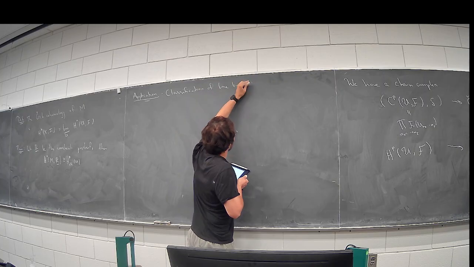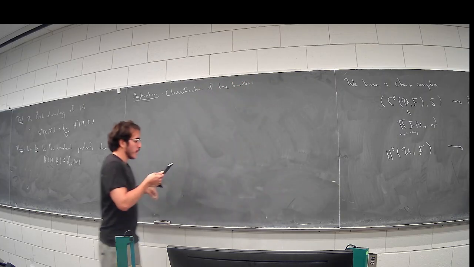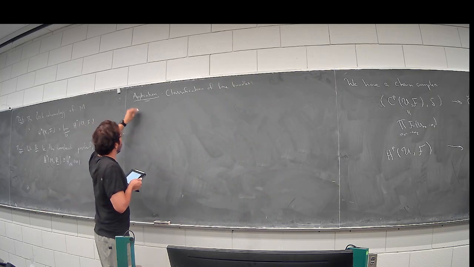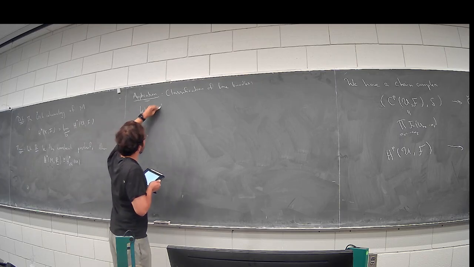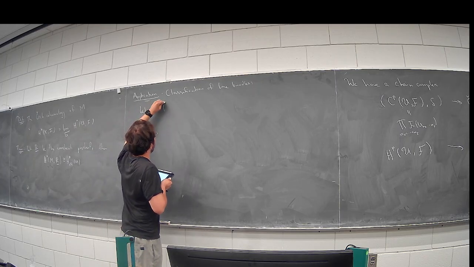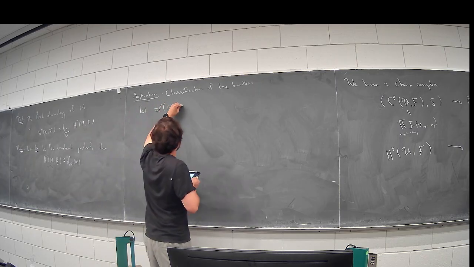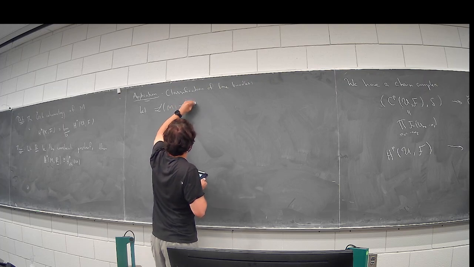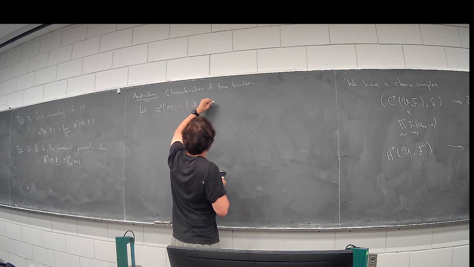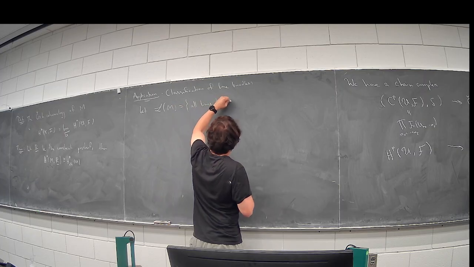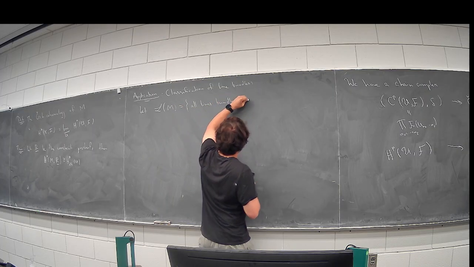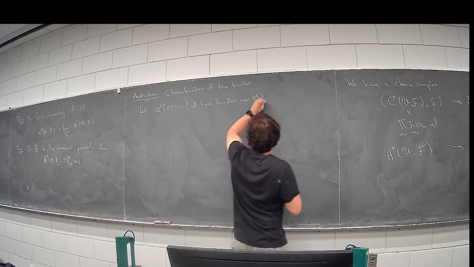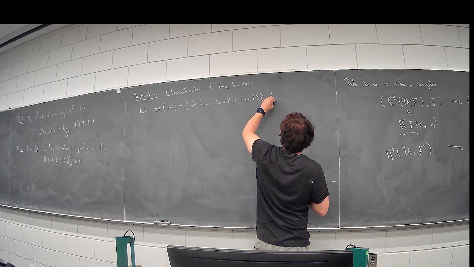Okay, so M is my manifold, and L_M is going to be the space of all line bundles over M, and I'm going to mod out by equivalence.